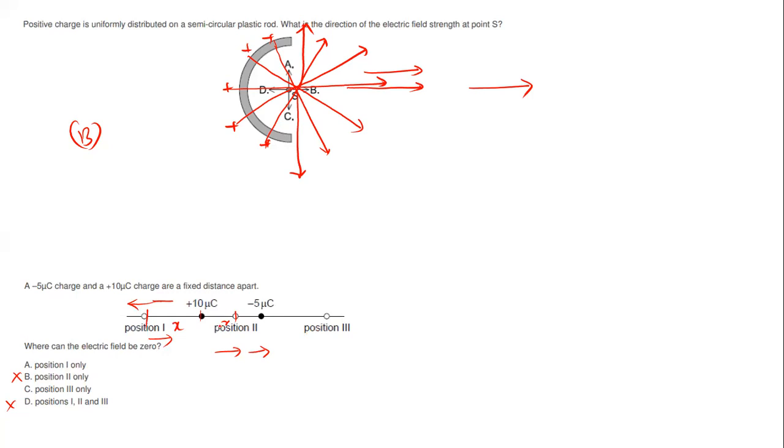Let me call this X over here. So as a result of this, now what can happen here? Now you can have K into 10 by X square minus, now this difference between these two. I think these points are equidistant.